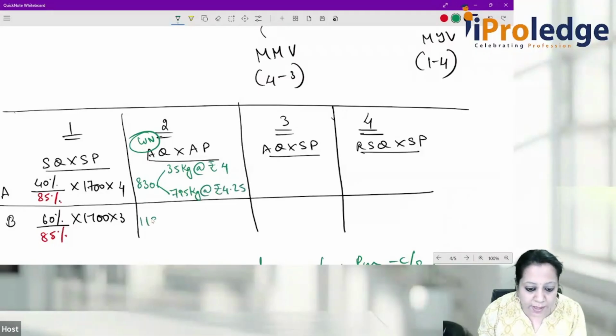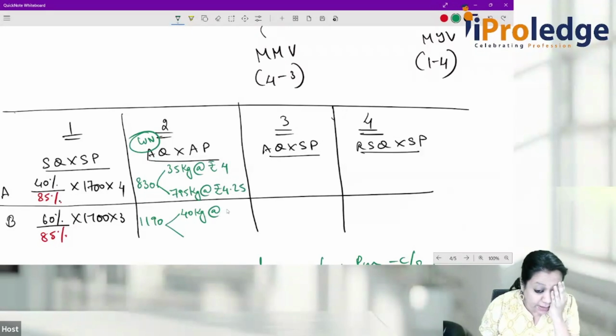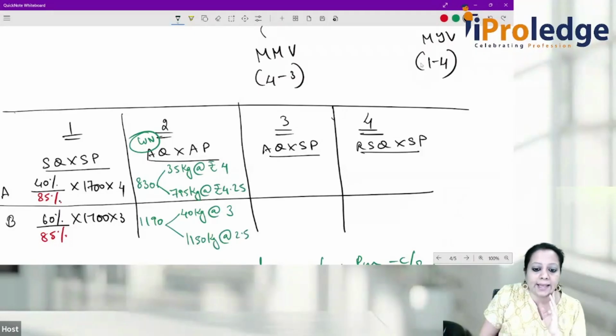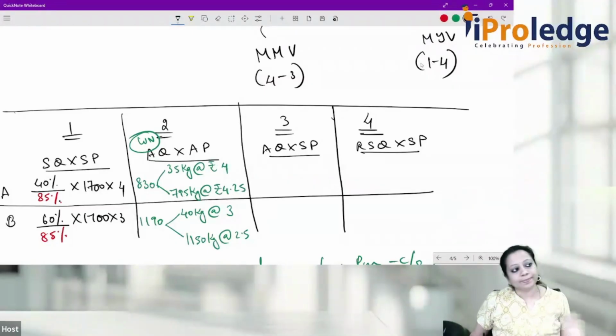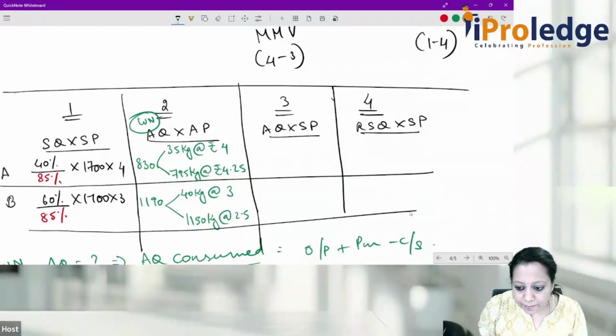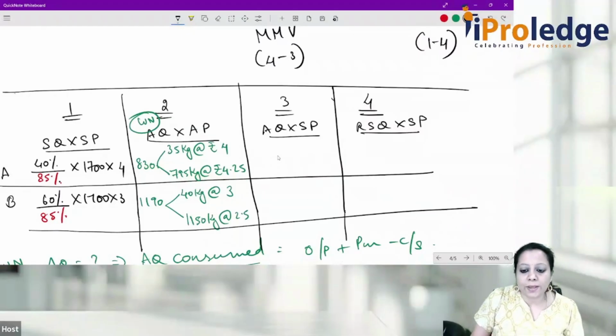So then 1190: 40 kgs at the rate of how much? 3. And 1150 kgs at the rate of 2.5. So directly in the exam, you can write like this. Then we will proceed to actual quantity into standard price.